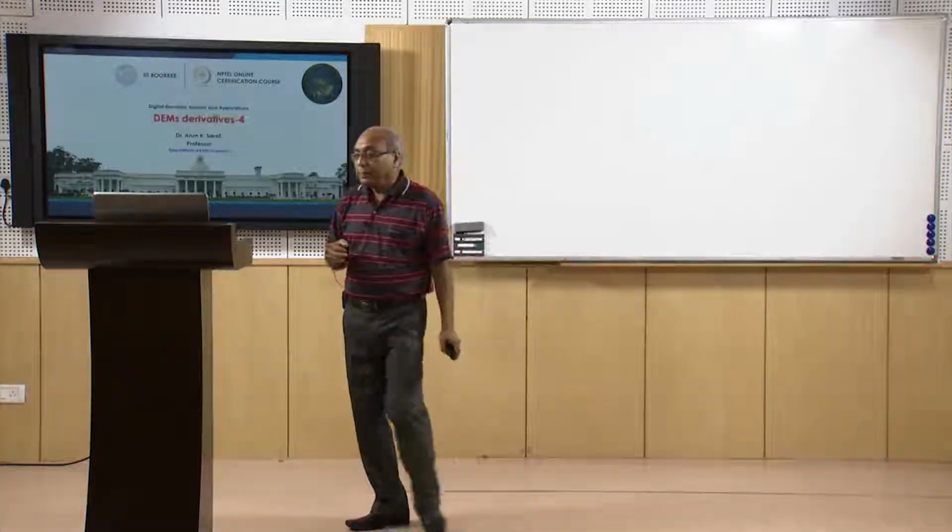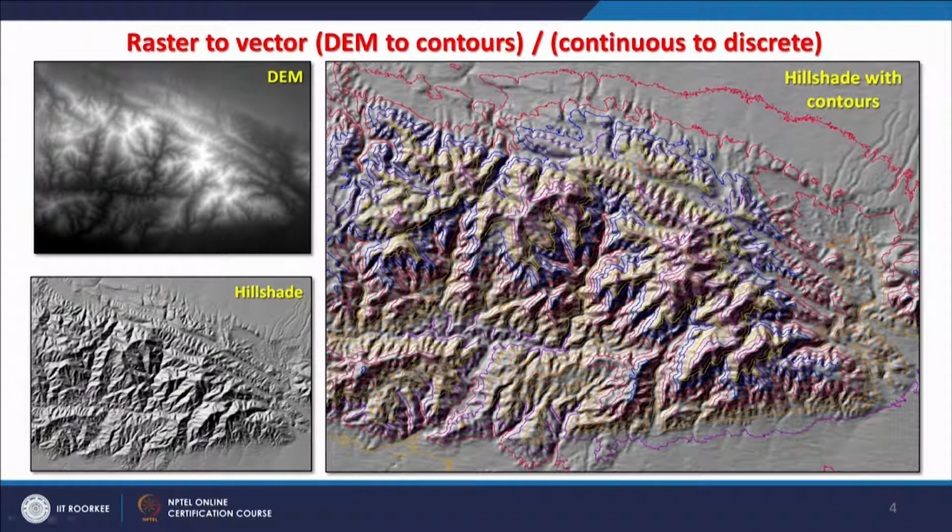An example is given here. We have a digital elevation model, the same one taken as an example in this course. This is the hillshade, one of the derivatives we have already discussed how to derive, and on the right side on top of this hillshade you are seeing the contours. I will show you how contours can be derived from a continuous surface. It's a reverse process, because from continuous data we are going to discrete data.